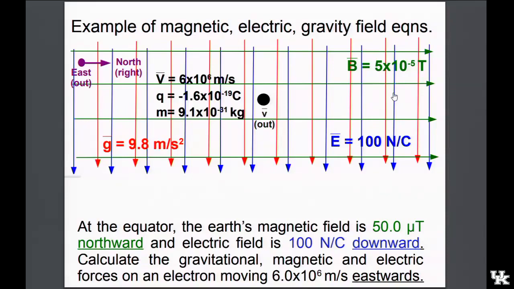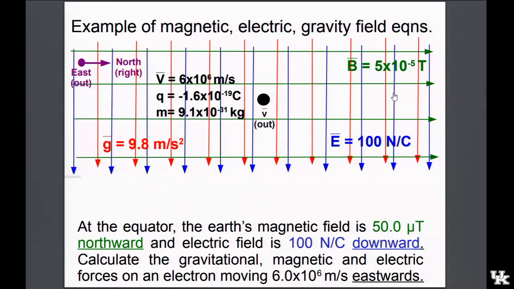And then in red, I drew the gravitational field. That's also downwards. So the blue, the green, and the red lines are the three fields. Then I drew the moving charged particle. It's heading east, so it's coming out of the screen in the easterly direction, and that's what I denoted by this dot here.